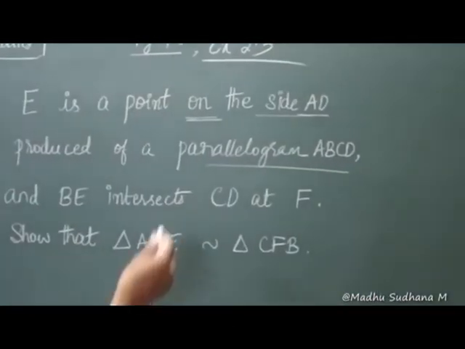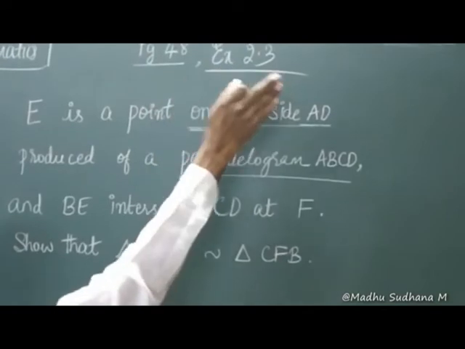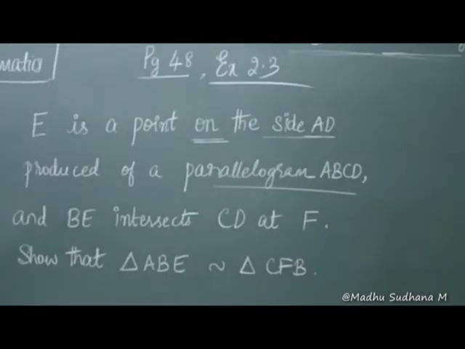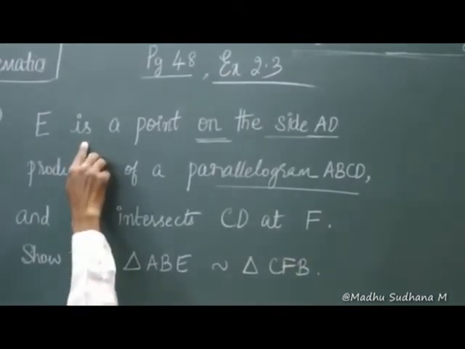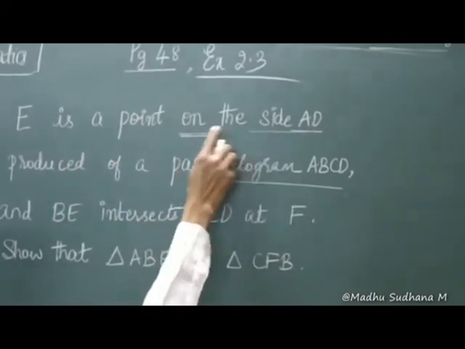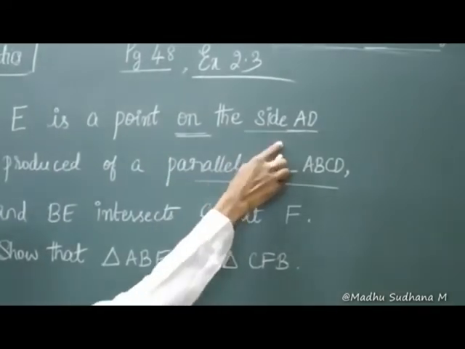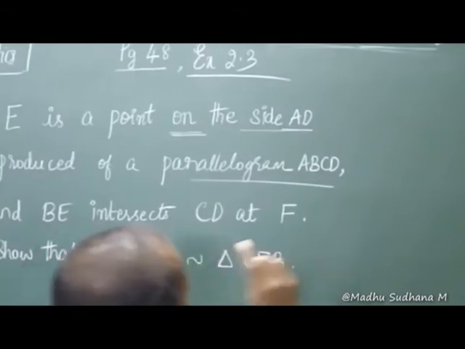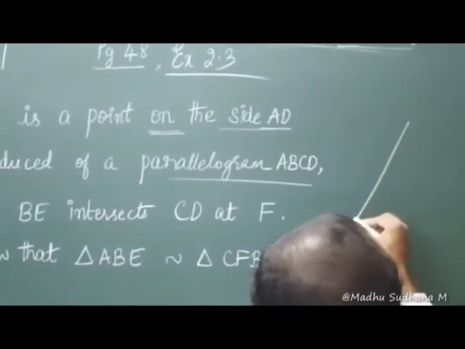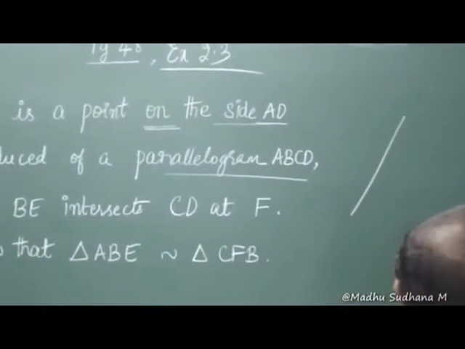So moving to the next question for similar triangles, chapter 10th standard mathematics. So we have E is a point on this side AD produced of a parallelogram. So let me write a parallelogram here. This is my parallelogram.